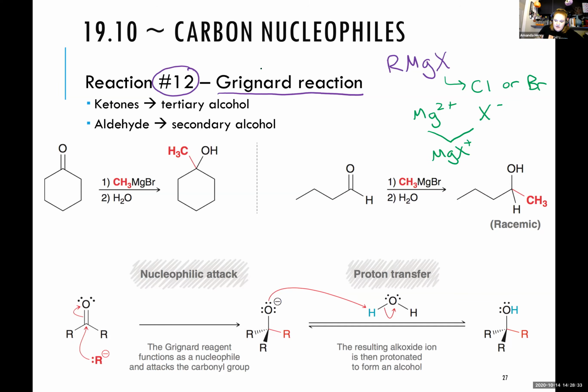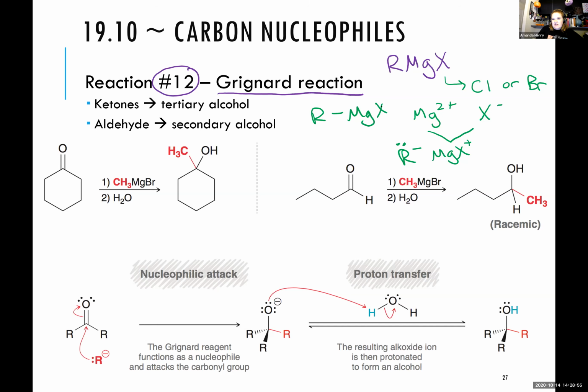We know that. But in order for this to bond with carbon, our carbon is going to have to be a carbanion. So when we show it as a bond between the carbon and the magnesium, that's a little misleading.